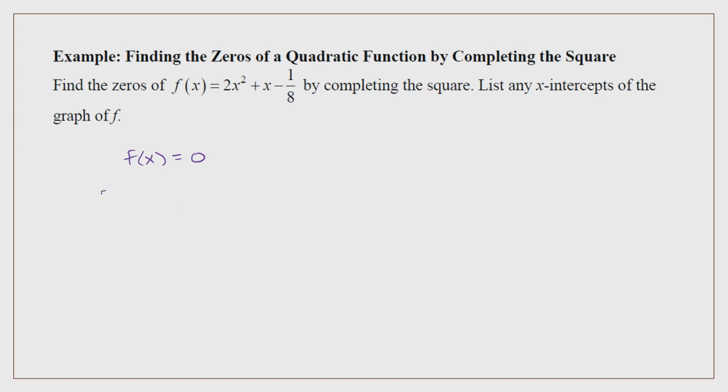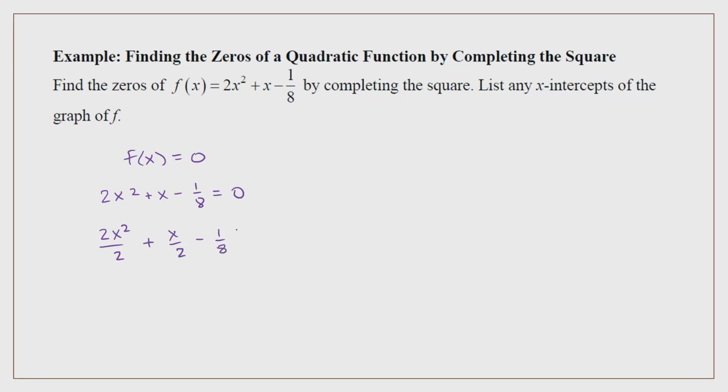Then we are going to take our function and write it out and set it equal to 0. I see here that my leading term has a 2, so I'm going to divide all of my terms by 2. So 2x squared divided by 2, x divided by 2, and then I have 1/8.